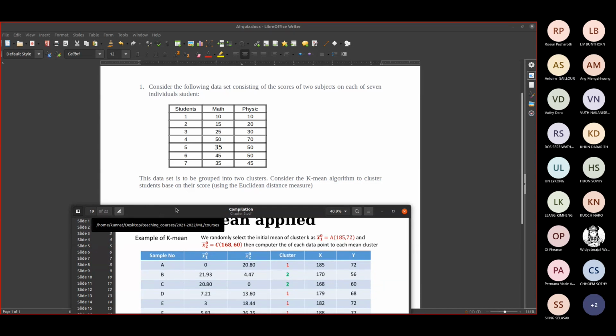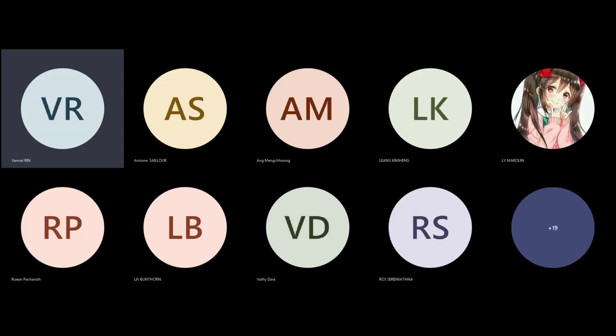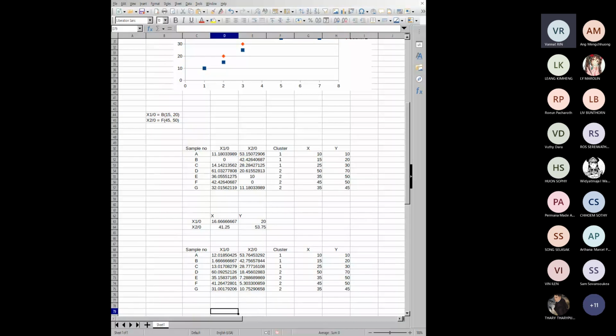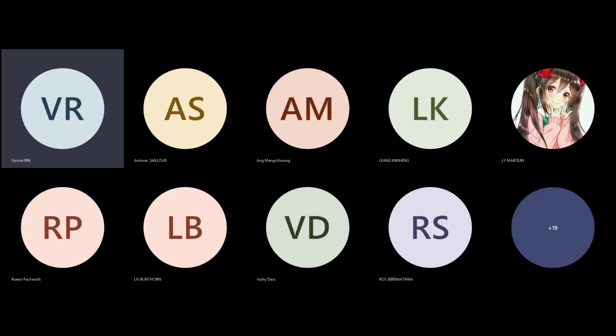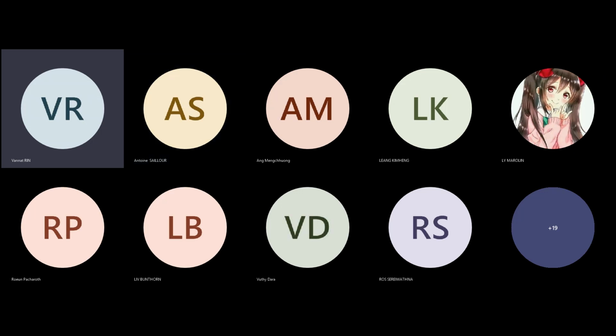Because this one I don't count for the score, just the practice one. Just share to everyone. We will see. You can send it to the group, the team chat here, and I will open it and see together. Okay, you can share your screen. It is fine. Okay. I will close my sharing screen.